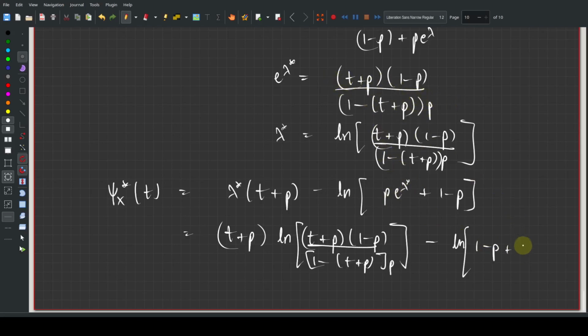So p e to the lambda star would be t plus p into 1 minus p divided by 1 minus t plus p.